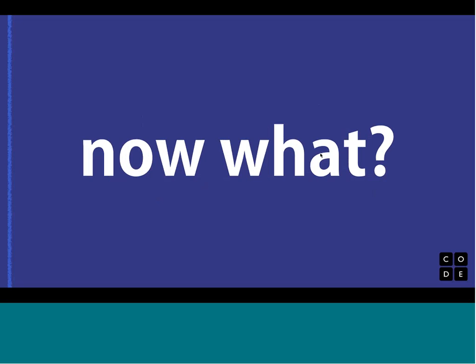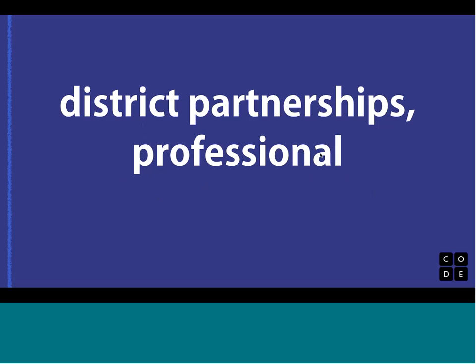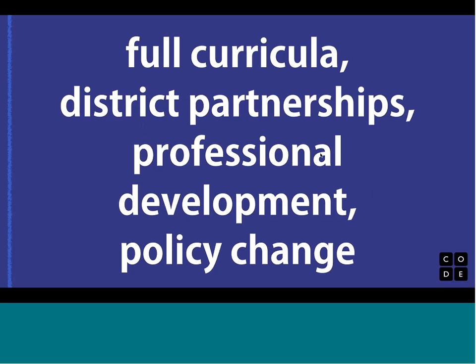But just trying 1 hour of code is not computer science education in K through 12. So what are we doing to actually get computer science into schools K through 12? So beyond the Hour of Code, what code.org works on, and I think is actually the bulk of our work and what I work on, we're putting together full computer science curricula for K through 12, so that teachers who want to teach computer science have something that they can build off of and learn to teach and then teach to students.